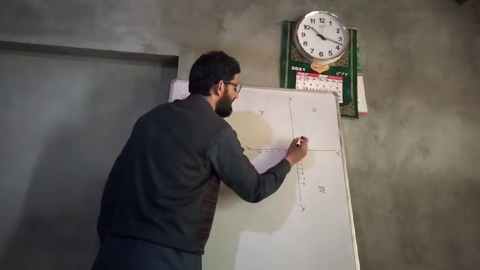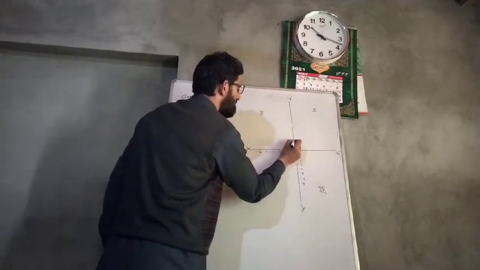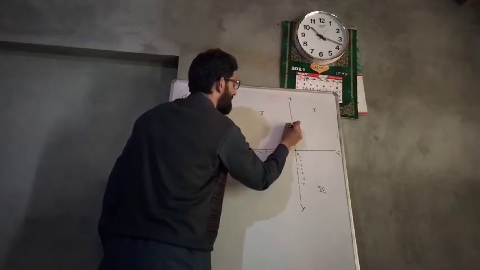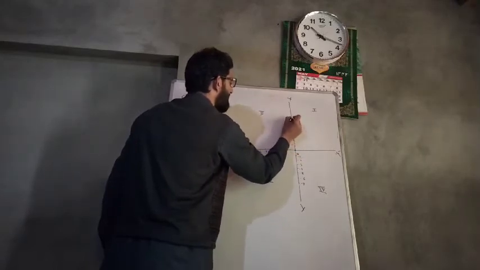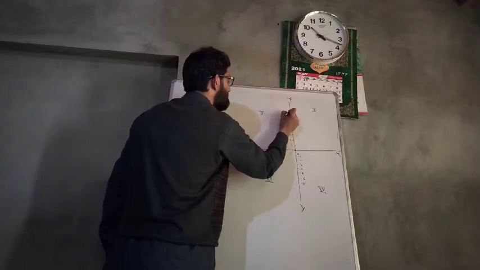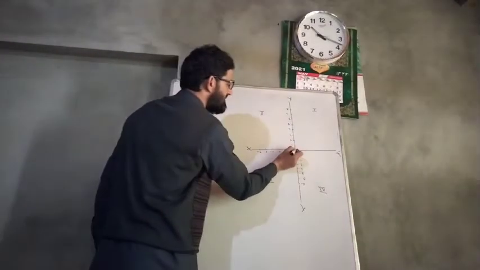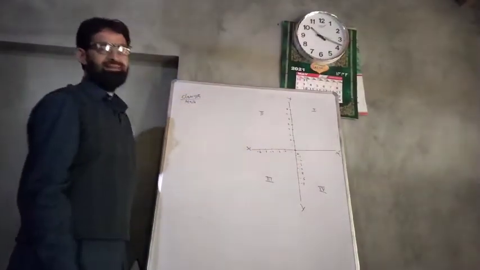And here this is +1, this is 2, this is 3, this is 4, this is 5, this is 6, this is 7, this is 8, and so on. And here it is 0. This is the Cartesian plane.